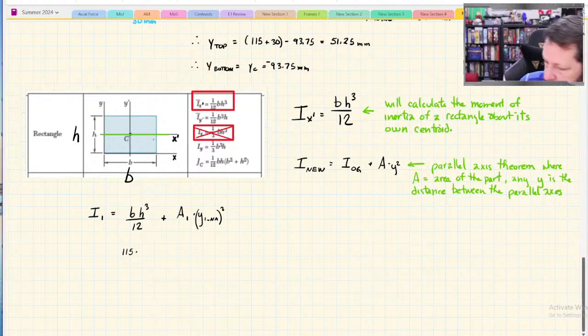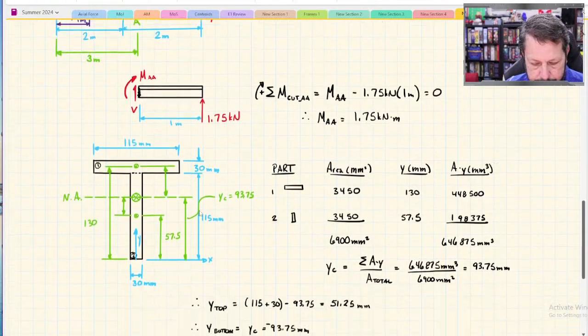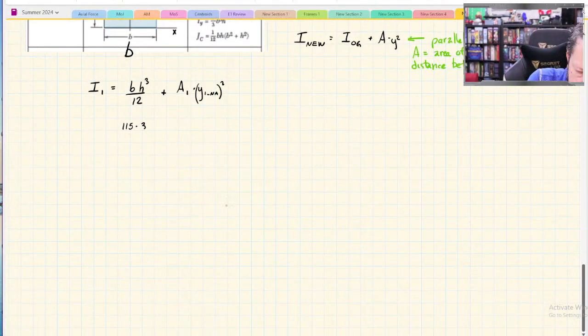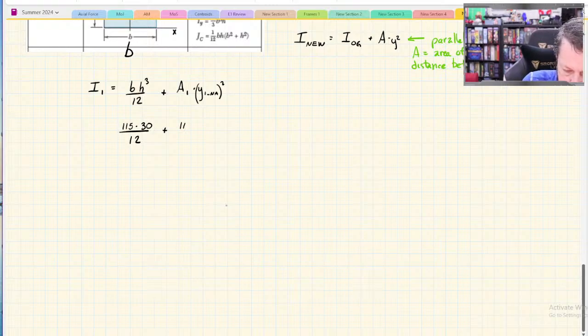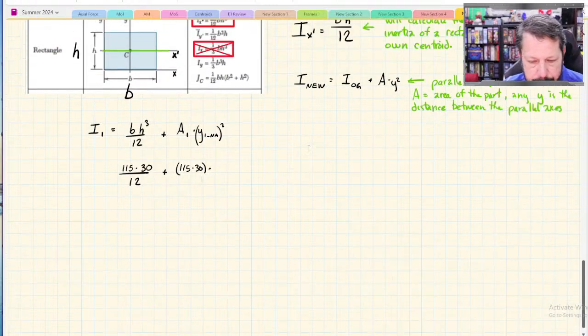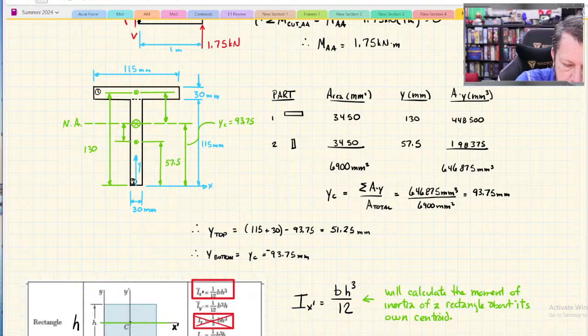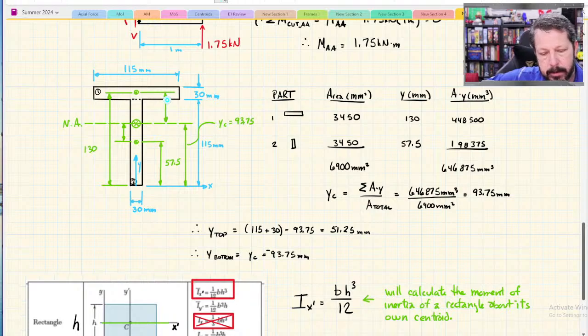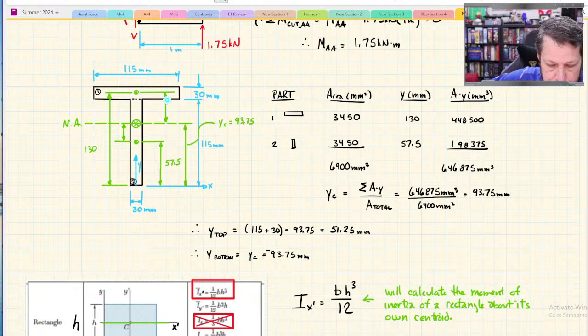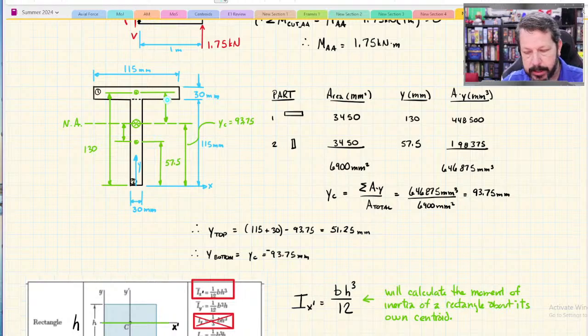The height of part 1, 30, over 12, plus the area of part 1, 115 times 30, times the distance between the centroid of part 1 and the neutral axis of the whole thing, which is 130 minus the 93.75.